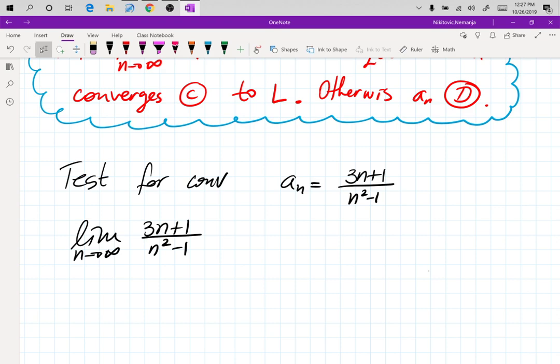You're going to go with the growth rates, you're going to go with L'Hopital, you're going to go with remembering in Calc 1 section 2.5 that when you have polynomial divided by polynomial, you can divide everywhere by the highest power. We can solve this in 3 ways that I can think of.